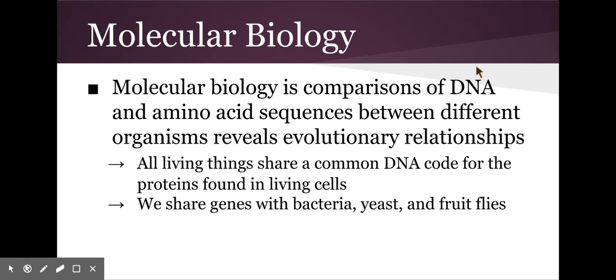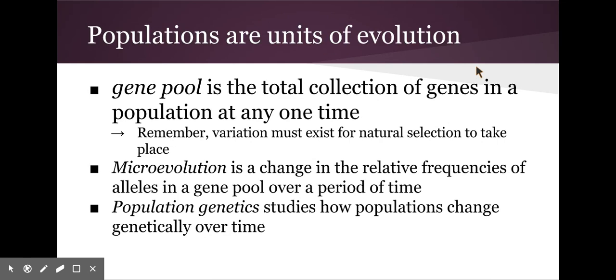Molecular biology is the comparison of the DNA and amino acid sequences between different organisms, which reveals the evolutionary relationships. So all living things share a common DNA code for proteins. We share genes with bacteria, yeast, and fruit flies. Doesn't matter.